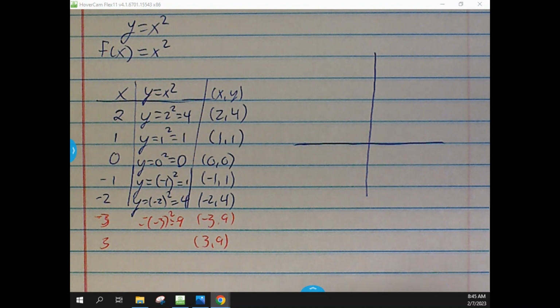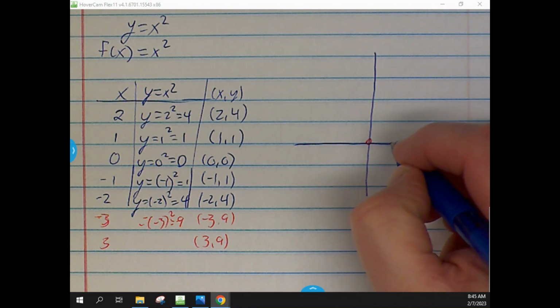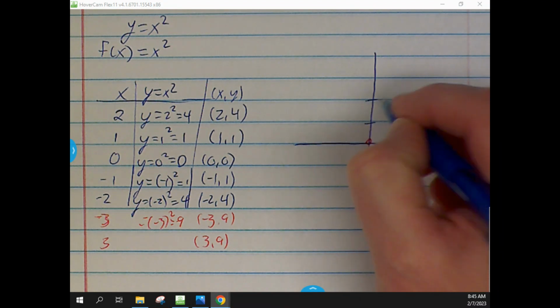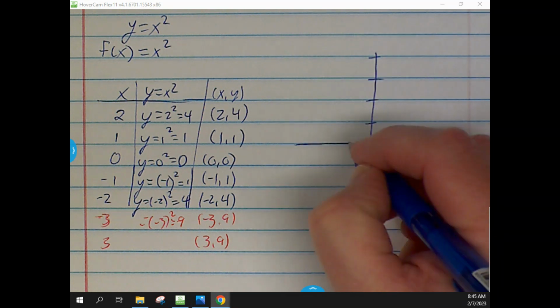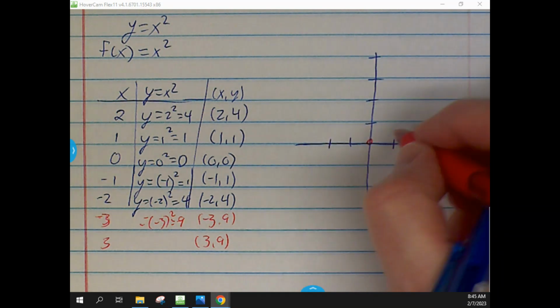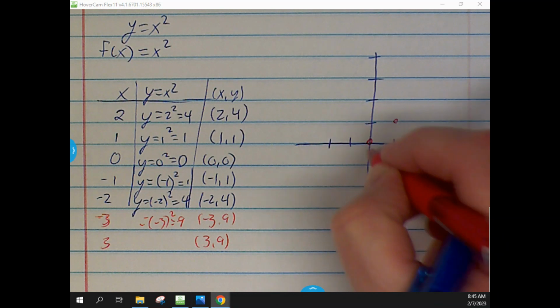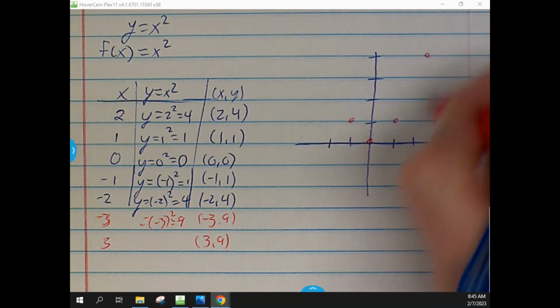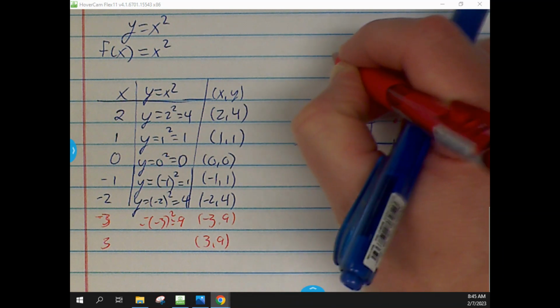Okay, so if we go back and graph it, we've got 0, 0. We've got 1, 1. We've got negative 1, 1. We had 2, 4. We had negative 2, 4.